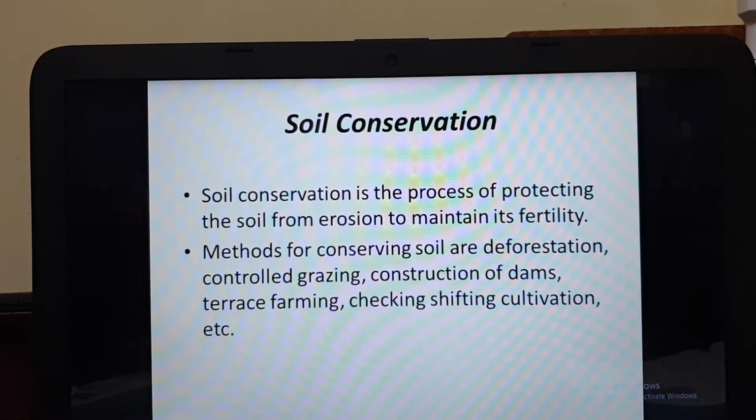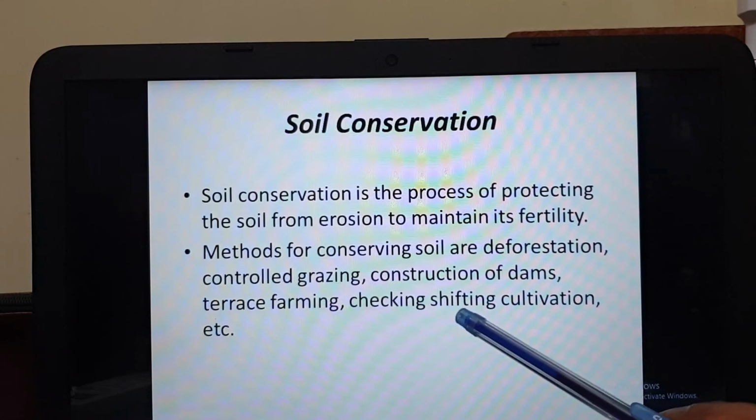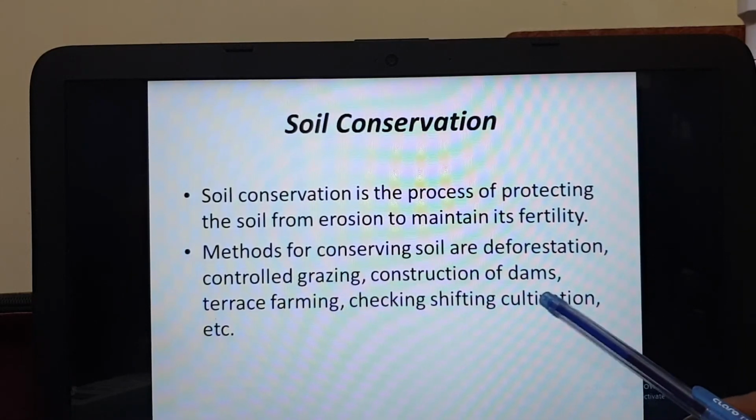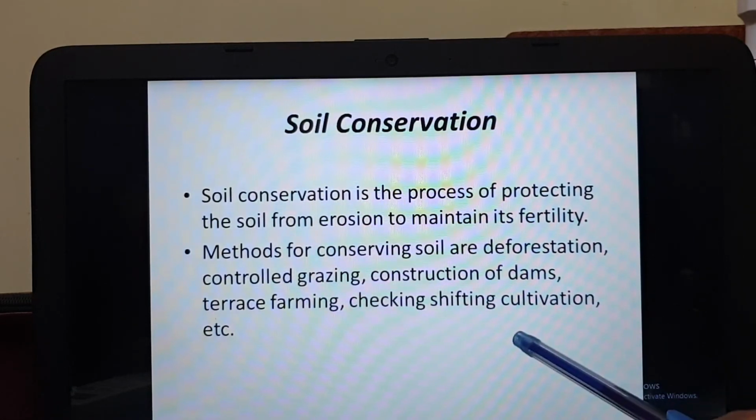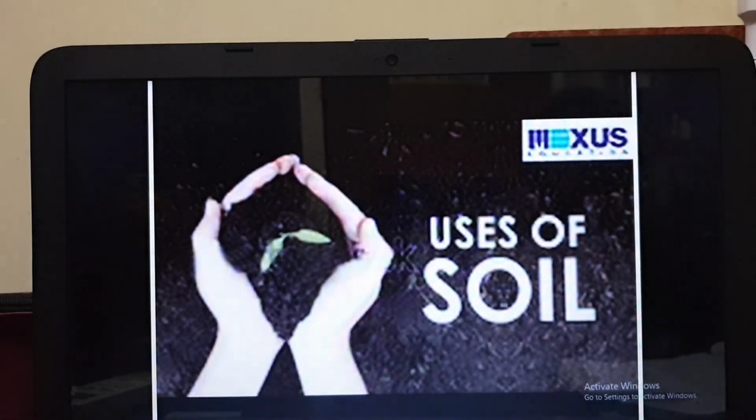The soil conservation is mainly to protect the soil from erosion and to maintain its good fertility. What are the methods to conserve soil? First one is checking deforestation, controlled grazing, construction of dams, terrace farming, checking shifting cultivation, etc.